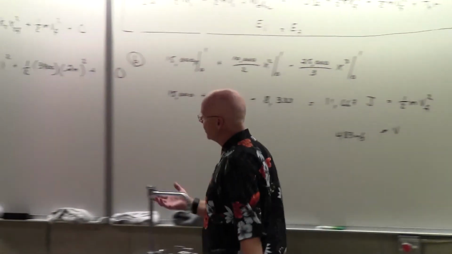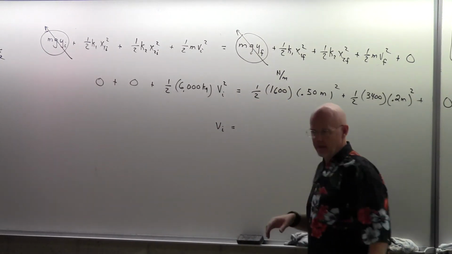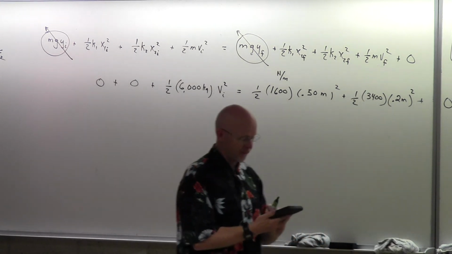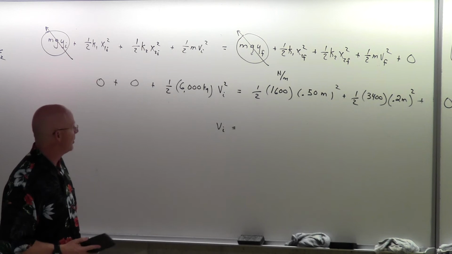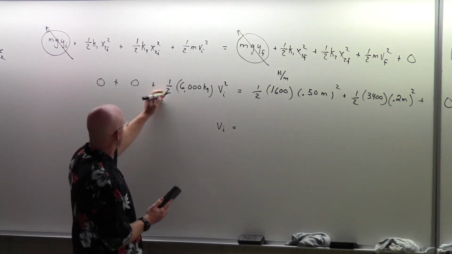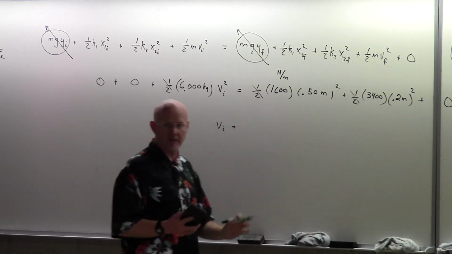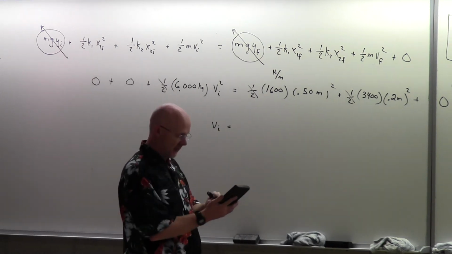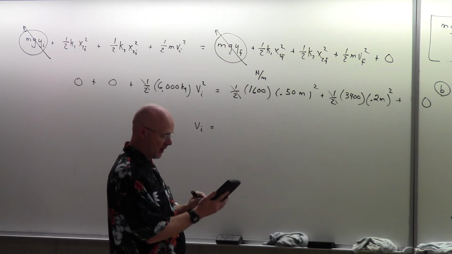And so now you can see that we have an equation. It's got a lot of terms in it, but there's only one unknown. And nothing's better than one equation with one unknown. No system of equations I have to solve for. In fact, before I even begin to solve it, I might multiply everything by 2, so I don't even have to worry about halves. And so here I get 1600 times 0.5 squared.